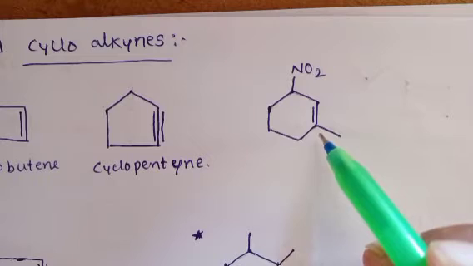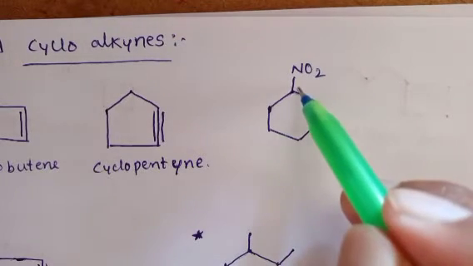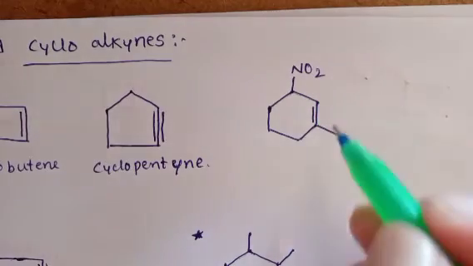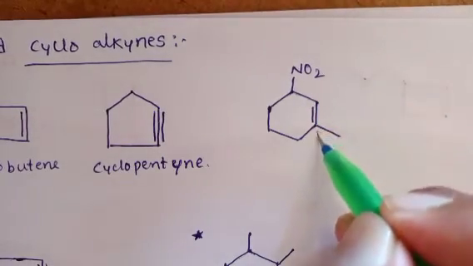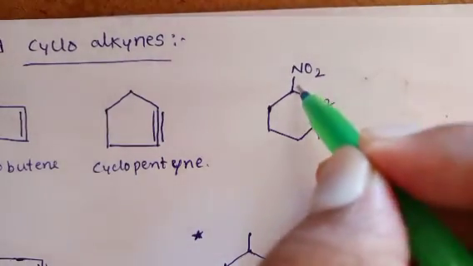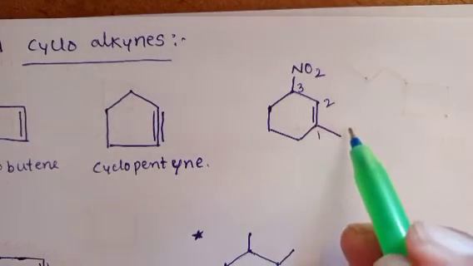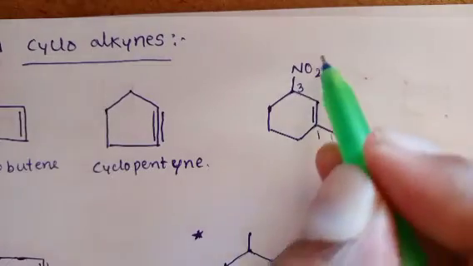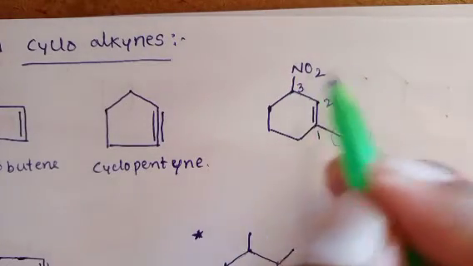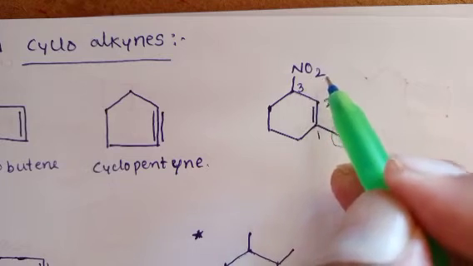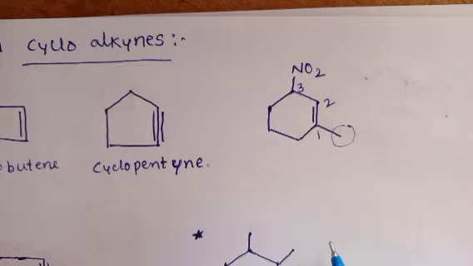If numbering is given from this side 1 2 3, 1 and 3, so 1 plus 3 is only 4, so give numbering from this side 1 2 3 and write the name. This is the methyl substitution, this is the nitro group, so methyl starts from M, nitro starts from N, so follow the alphabetical order because two substitutions are present.